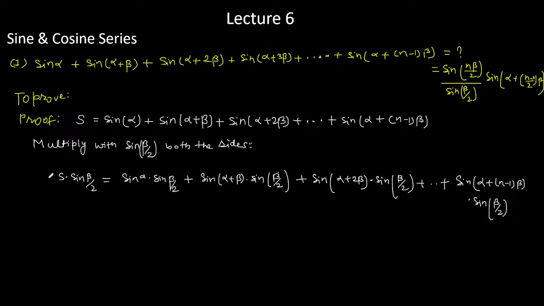If we multiply with 2 again, it will come out to be 2 S sine beta by 2, with a 2 on every term.